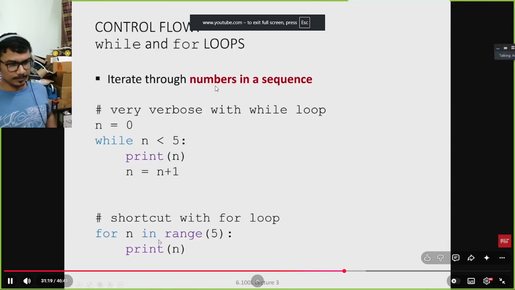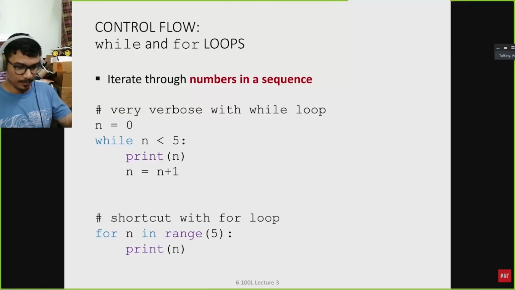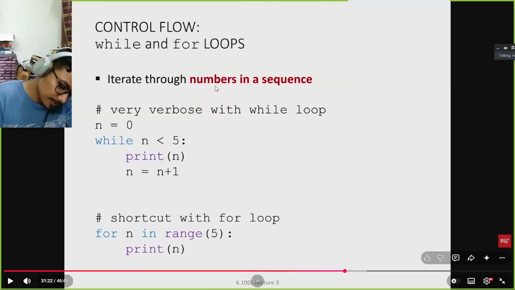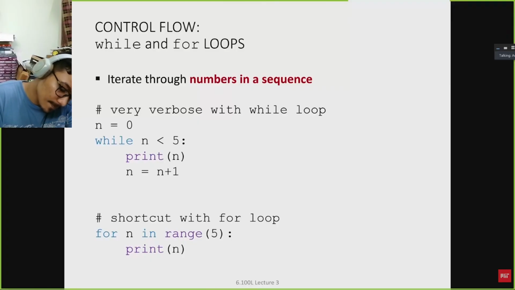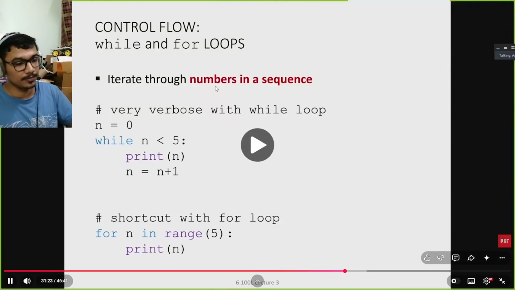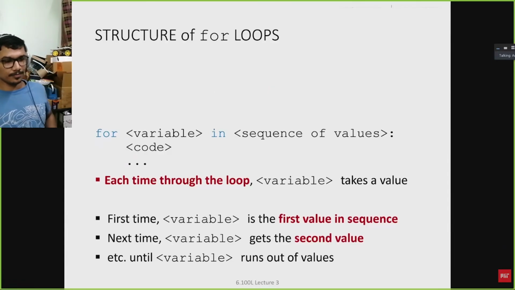If there's a sequence of values you want to iterate over, that's what for loops are useful for. The syntax for a for loop looks a little bit different than a while loop.